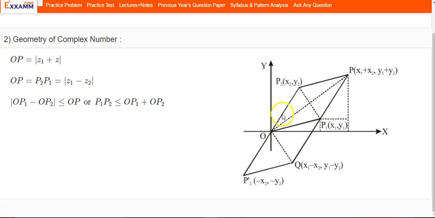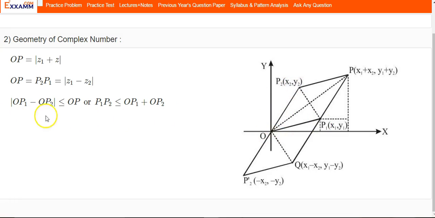And if we look at this particular triangle, we say that P1P2, that is modulus of Z1 minus Z2, is also greater than or equal to the difference of the two sides, that is OP1 minus OP2.